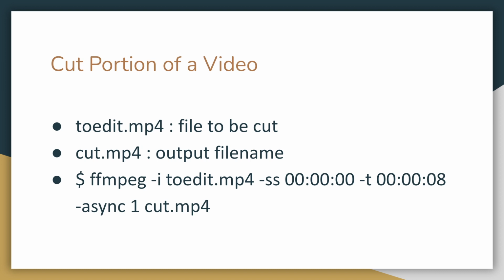Then we can use this simple command: ffmpeg -i video_to_be_cut -ss, then the start time in hour, minute and second, and the duration we need to give in -t duration, -async 1, and then the output video name, cut.mp4. With that, we can cut a video with whichever start time you need for whatever duration. Simple as that.